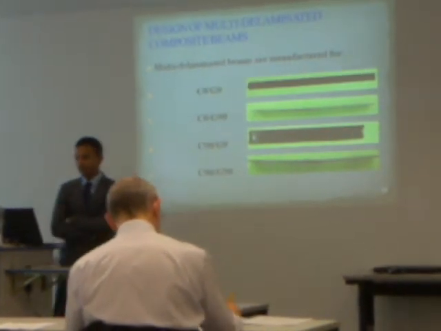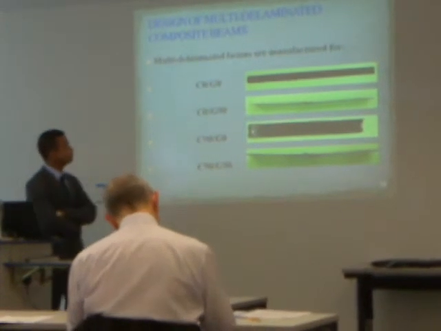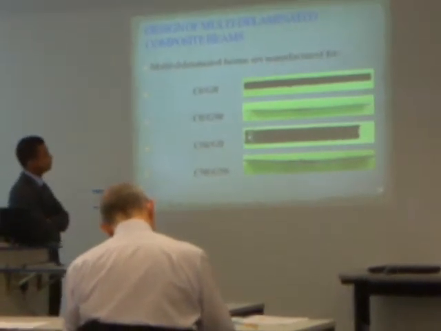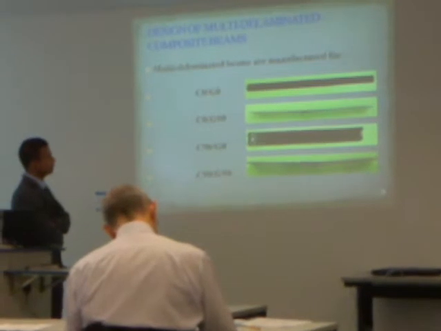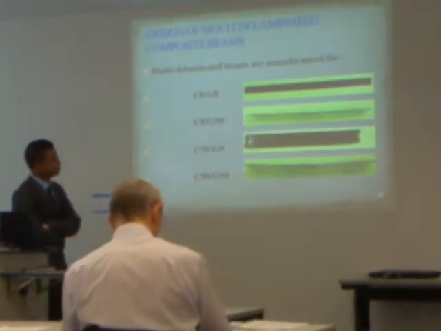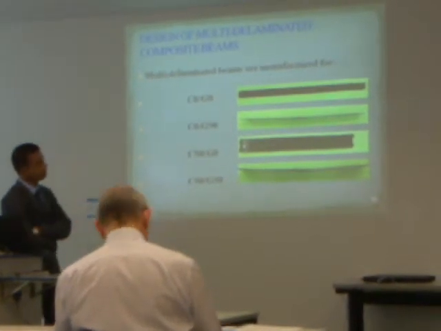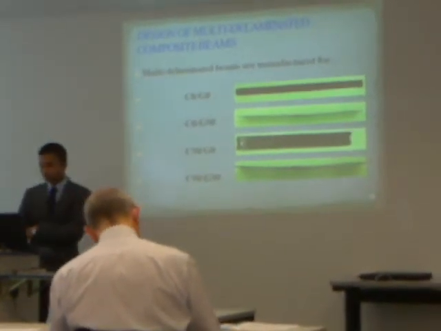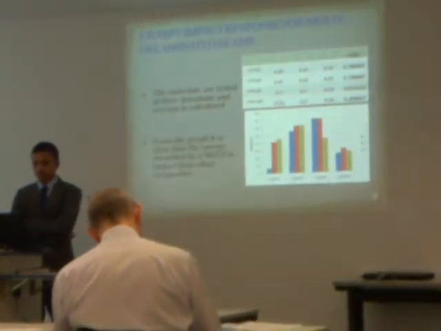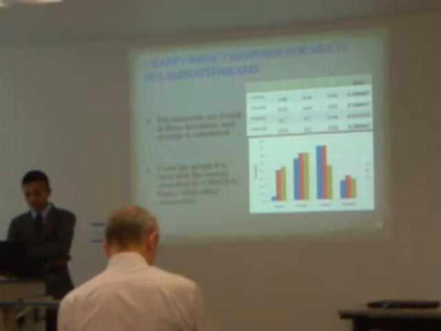This is the design of multi-delaminated composite beams. Here you can see C0, G0, C0, G90, C90, G0, C90 and G90. These pictures are taken after the test. The HRP impact test results of multi-delaminated beams.